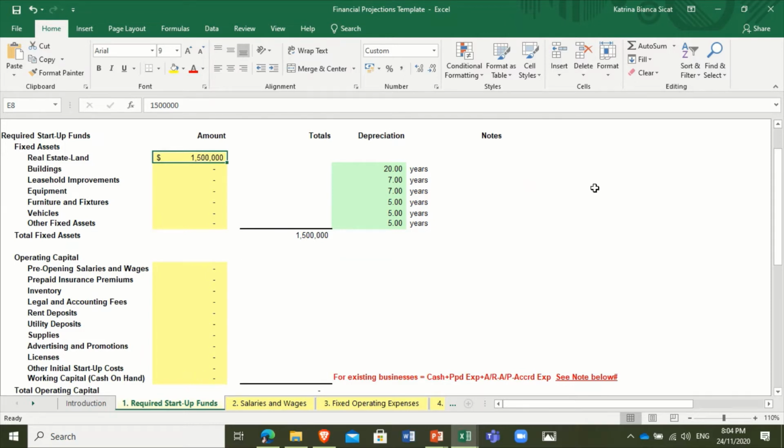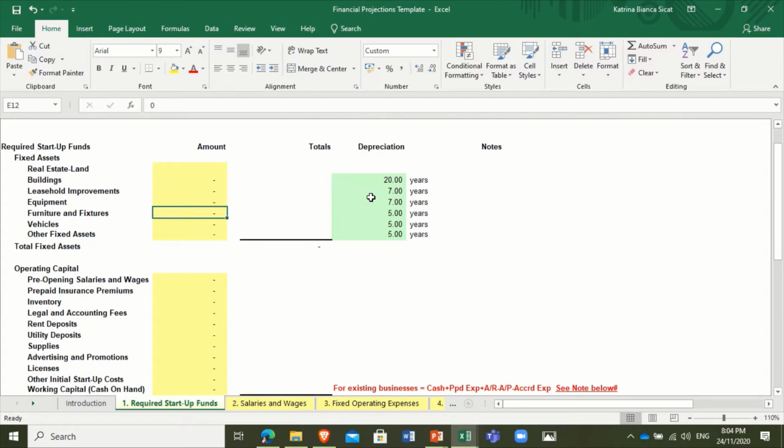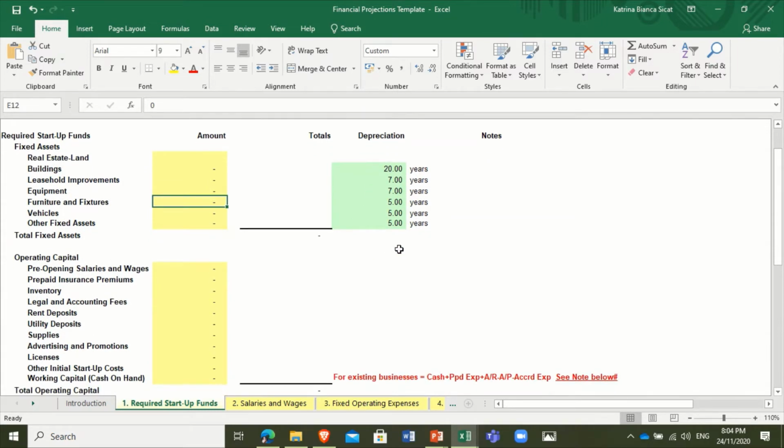So for now, this is a reasonable template that you can use for you to finish your paper's financial aspect.